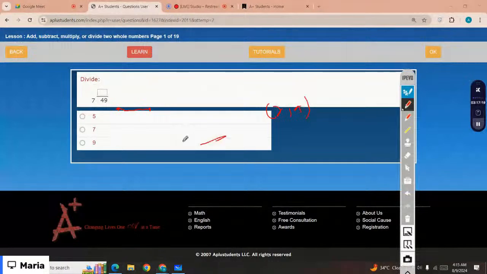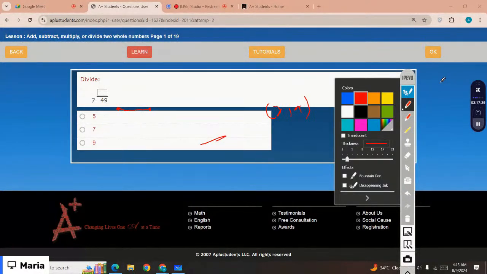So you have to calculate the table of 7 until 49. So 7 times what number is 49? 7 times 7 is 49. So the correct option is 7. Option number 2 is the correct option.